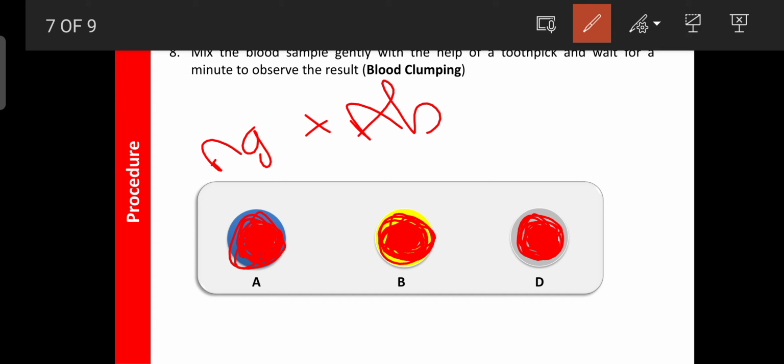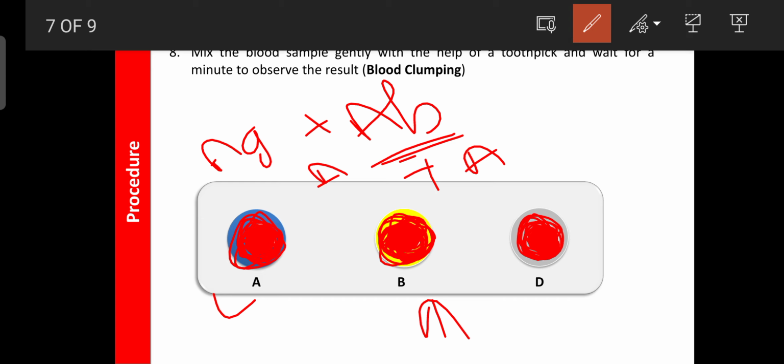If your blood contains antigen A, it can react with antibody A, so antigen antibody reaction occurs and here the clot occurs. If antigen B is present, it can react with antibody B and a clot forms. If the antigen D is present in the blood, it can react with antibody D, and here the clot occurs. So after 2 minutes you can note down the blood clumping or clot.